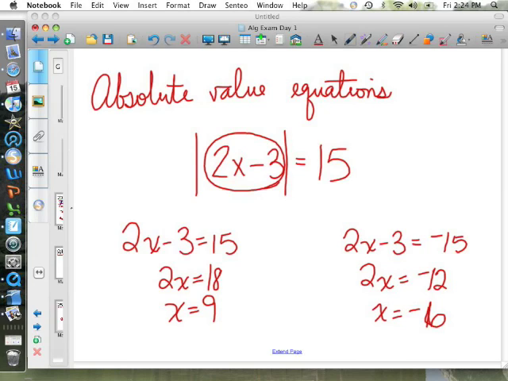Because look, 2 times negative 6 is negative 12, minus 3 is negative 15, but the absolute value is still positive 15. Absolute value equations, you set it equal to both the positive and the negative.